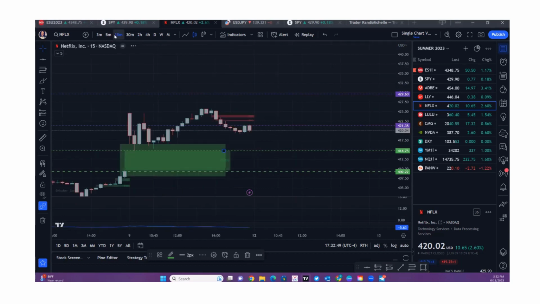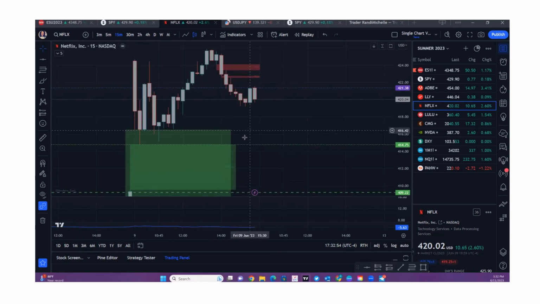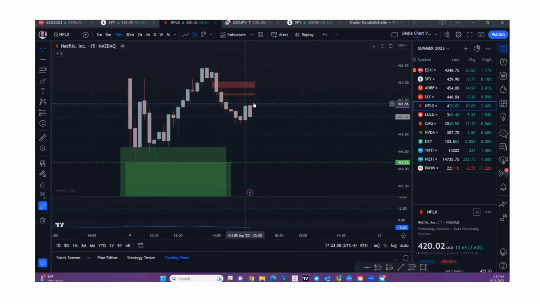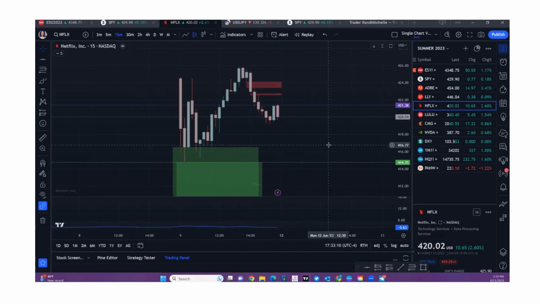So let me see, Netflix. What do I want to do? It will have to come all the way down here first, and we have some pretty good rejection wicks leaving this line. But if it were to break the 414, you have quite a few dollars in here to make some money. If it really wants to move though, Netflix can really move.